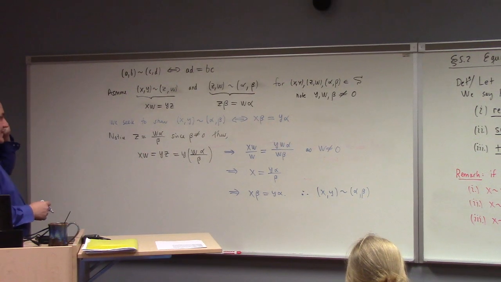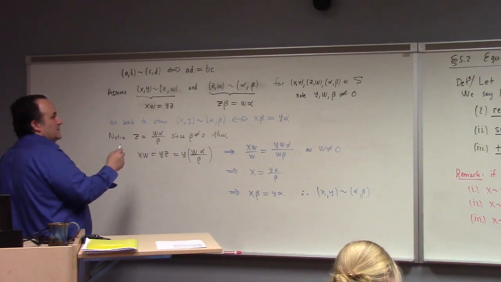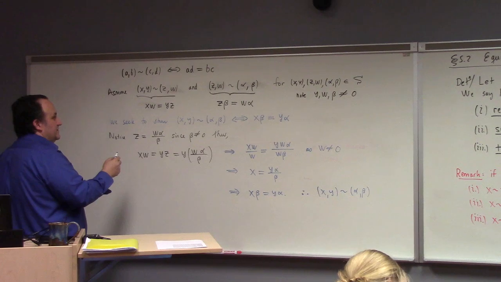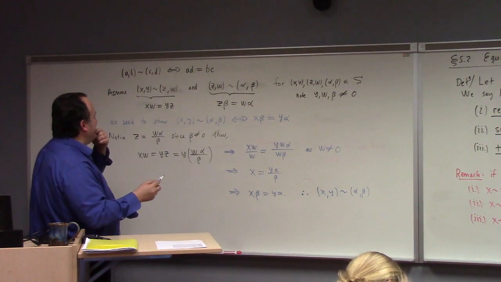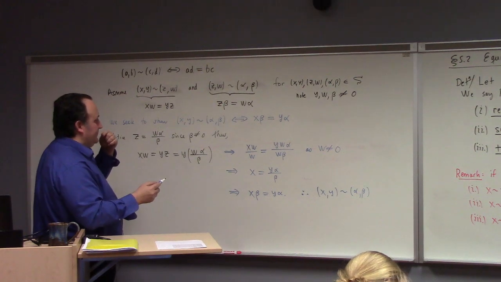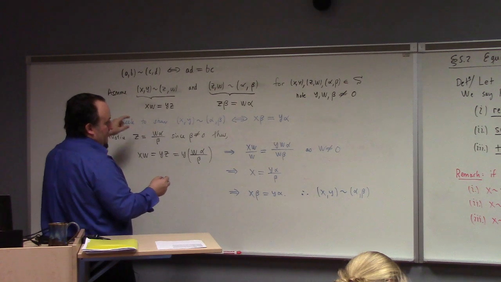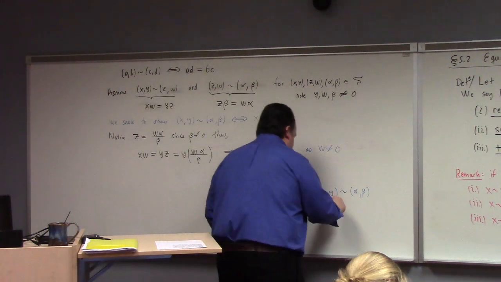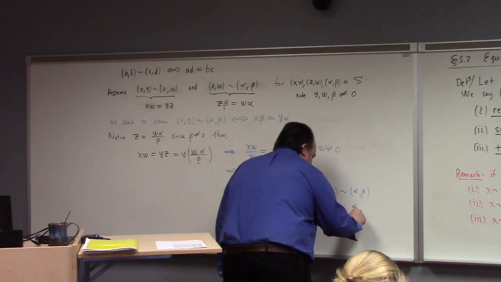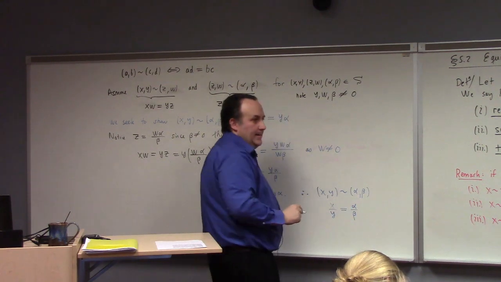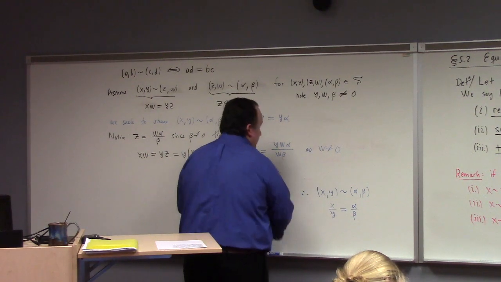Another way to attack it is, we're trying to get to, sorry, I lost track of all these letters here. Essentially, this is showing X over Y is equal to alpha over beta, right? Let me write it in a different color here.